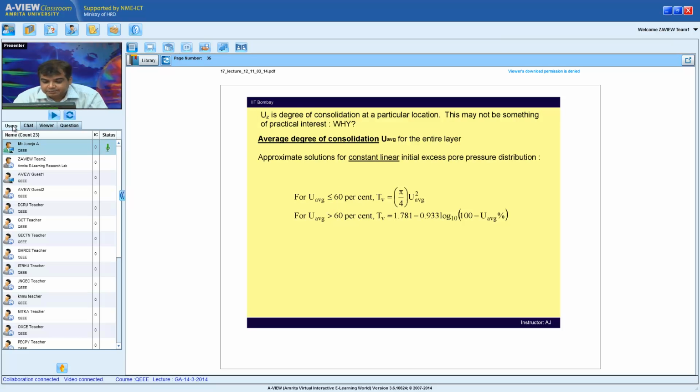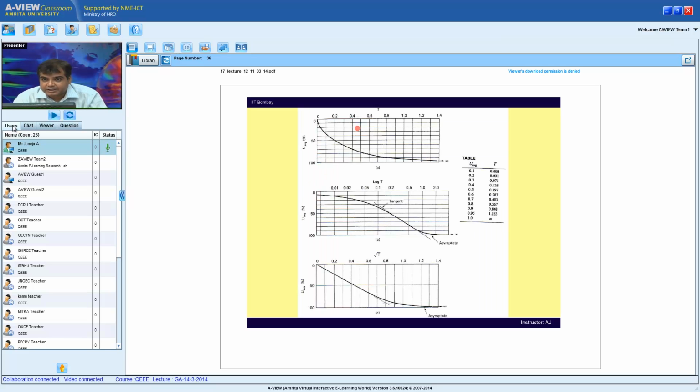So in many textbooks, rather than the U average equation, there are also design charts given for the average for the entire layer. Remember, the previous slide was for the entire layer. So there are design charts either available as TV versus U average, or log of TV, so there's a log scale, or square root TV.